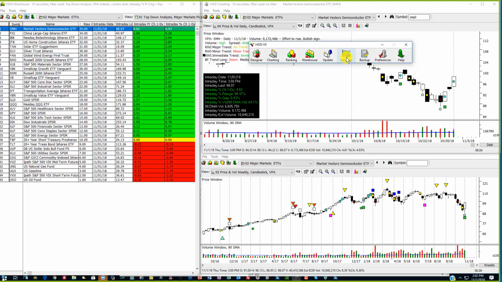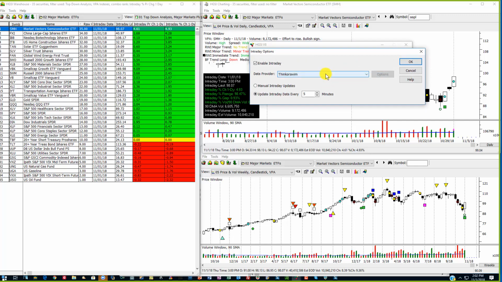Now I'm preaching to the choir here for most of you, but there are some new faces here, so I just want to show you the intraday options. As you can see, I have the Thinkorswim running in the background, and I have this running on a 5-minute update. You can also hit your F5 key, and that will update it immediately.